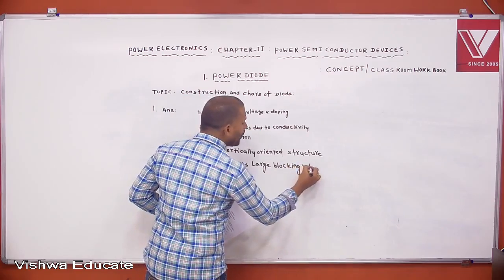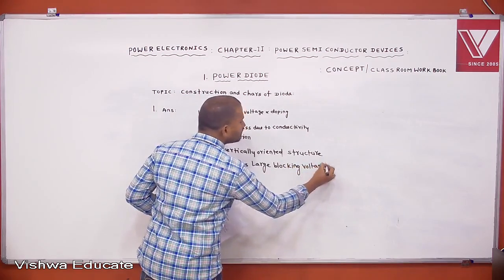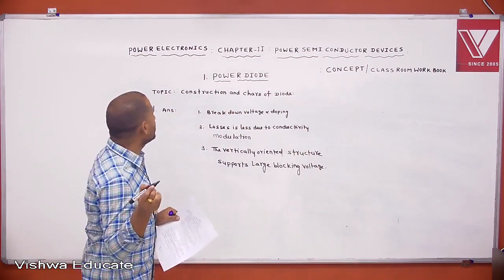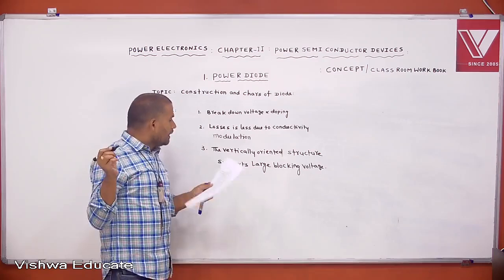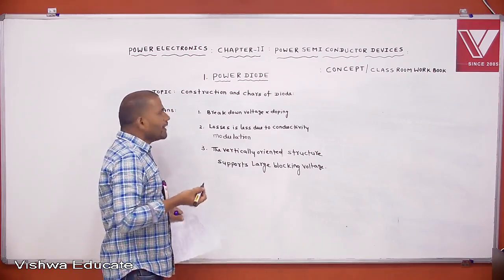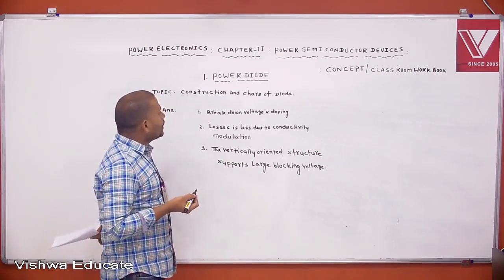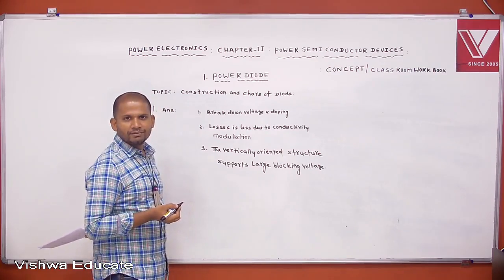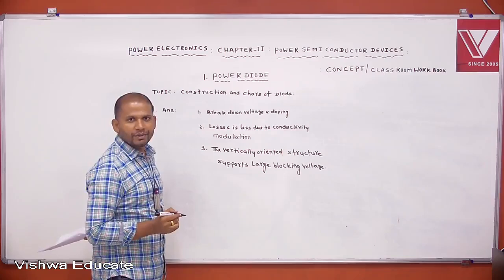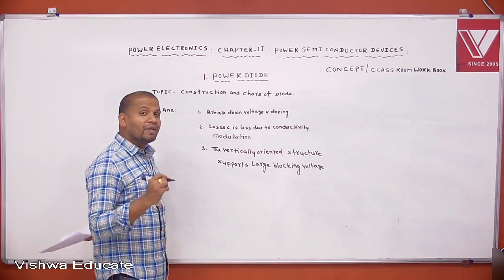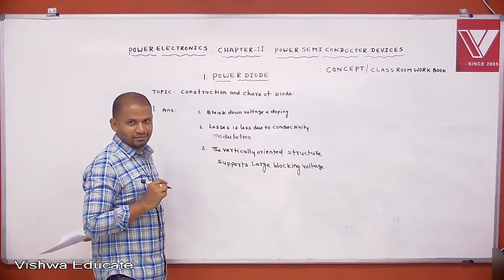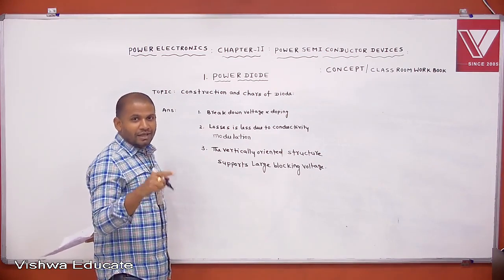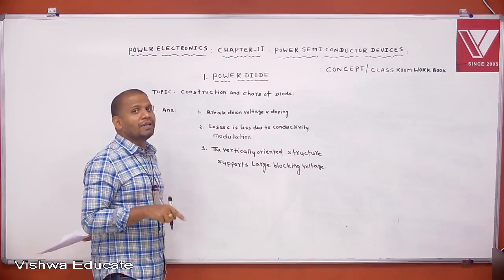Then which of the following statements is true? Tell me, which of the above statements is true? Breakdown voltage is proportional to doping. Can you accept this statement? This is a wrong statement, I told you. If the doping concentration increases, the layer width reduces, then the blocking voltage capability reduces.